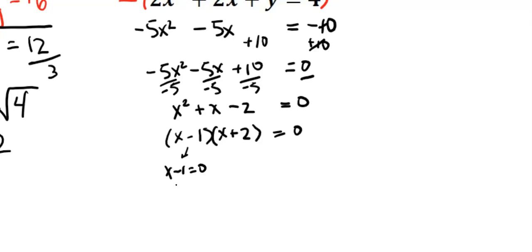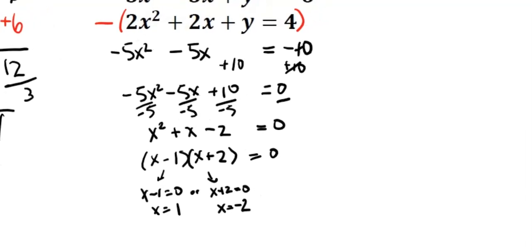Adding 1 to both sides gives us that x equals 1, because 1 minus 1 is 0. And then on the other side, x plus 2 equals 0. Subtracting 2 from both sides would give us x equals negative 2.